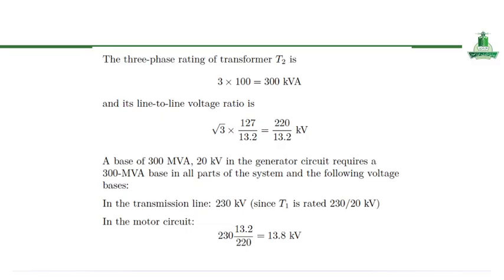So the total three-phase capacity will be 300 MVA. And next, the line-to-line voltage ratio is derived by converting from phase voltage to line voltage using the square root of three relationship, and it can yield these equations.